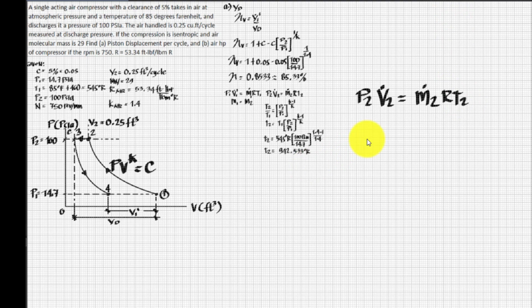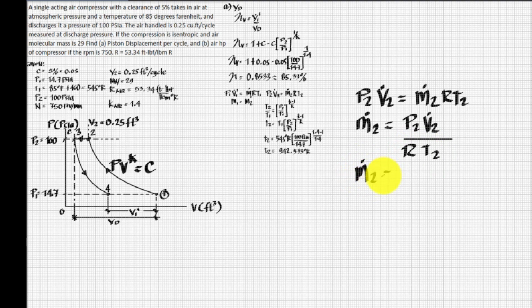We can rewrite our equation as mass flow rate 2 equal to pressure 2 times volume flow rate 2, all over R of the air and temperature at point 2.